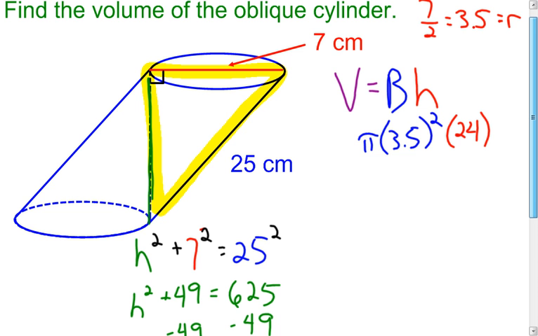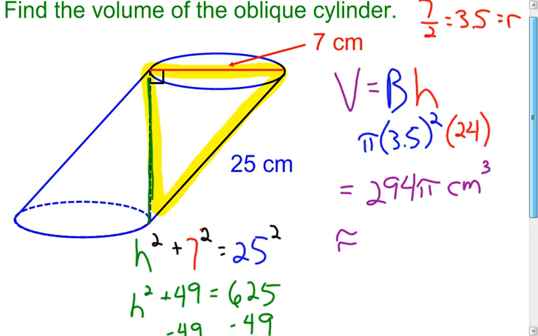And then it's just a matter of multiplying everything together. So when I multiply the 3.5 squared times the 24, I end up with 294. Still need to multiply by pi. So the exact volume of my cylinder would be 294 pi centimeters cubed.